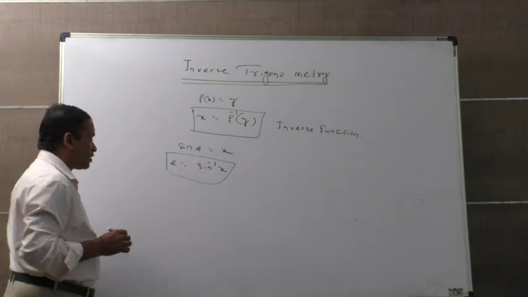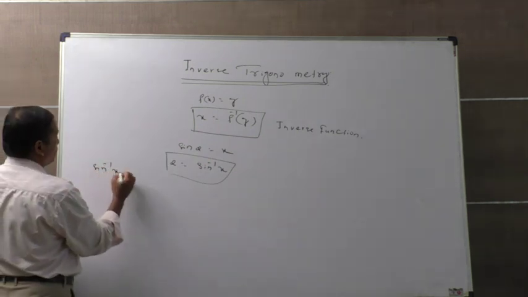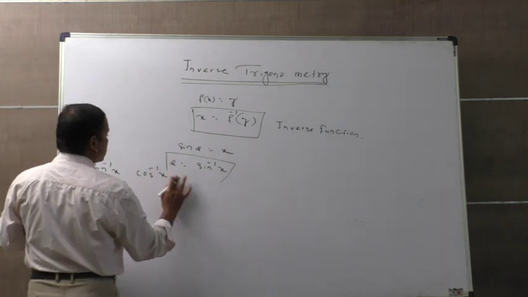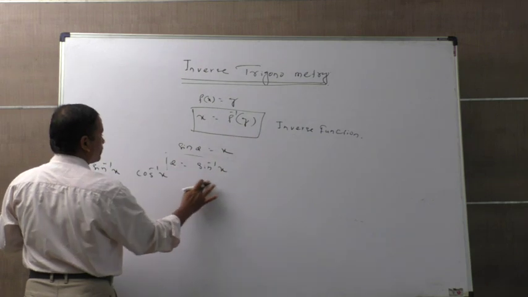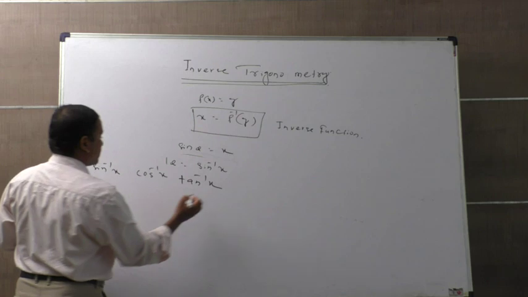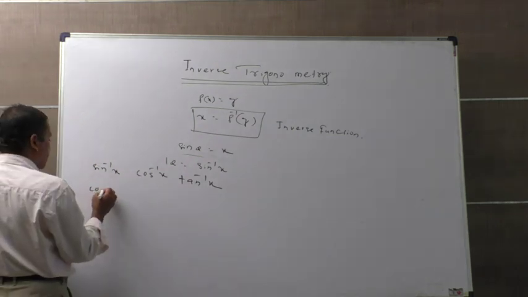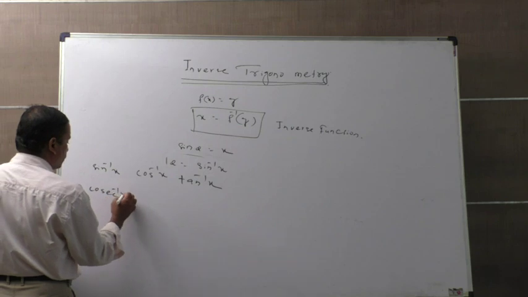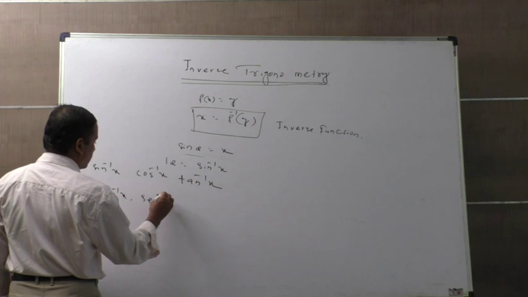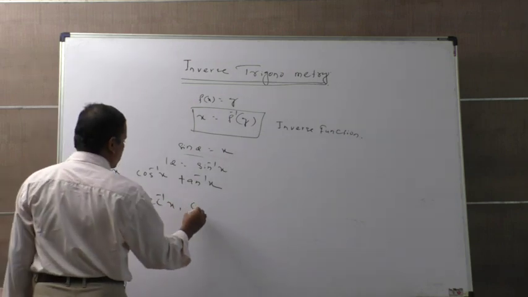Like sin inverse x, there are cos inverse x and tan inverse x, and their opposites: cosec inverse x for sin, sec inverse x for cos, and cot inverse x for tan.